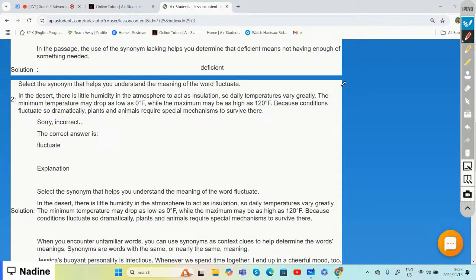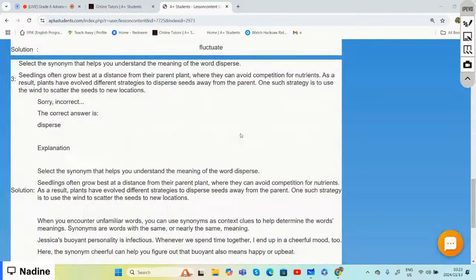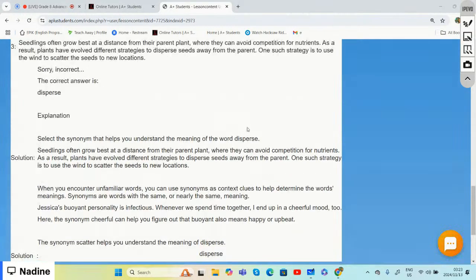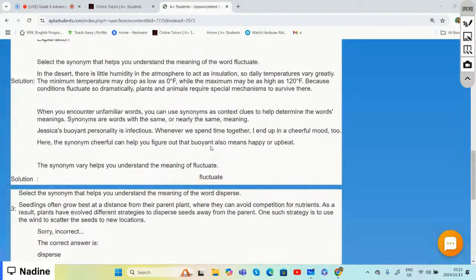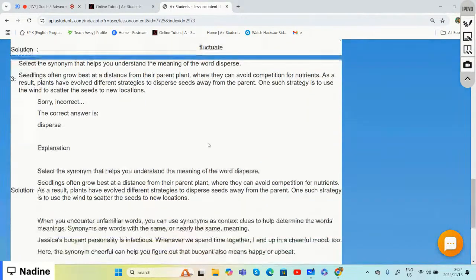It rises. All right, let's look at the next one.